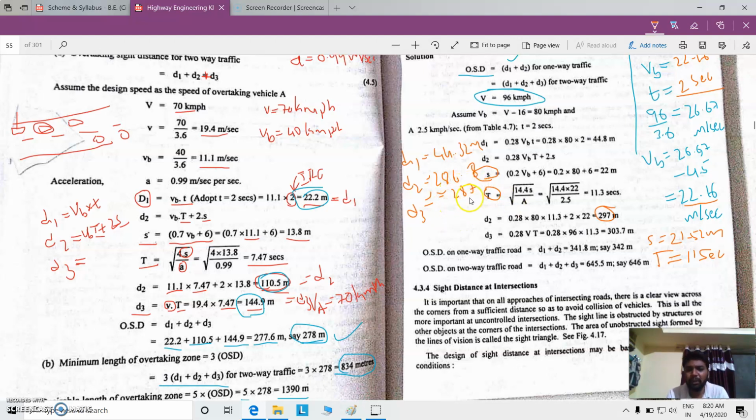You will get some variation in the calculations, but the distance will be the same.